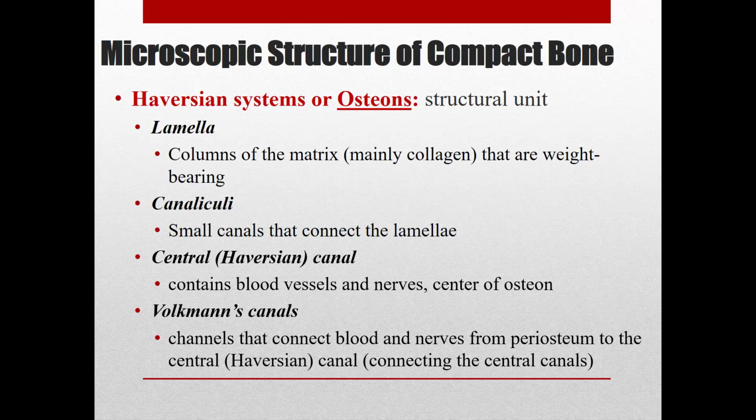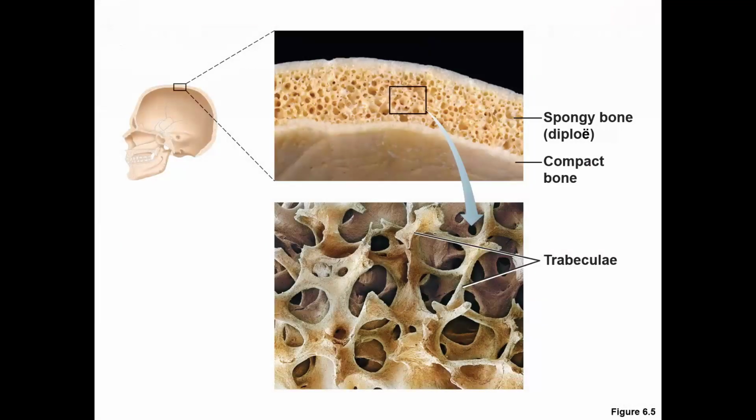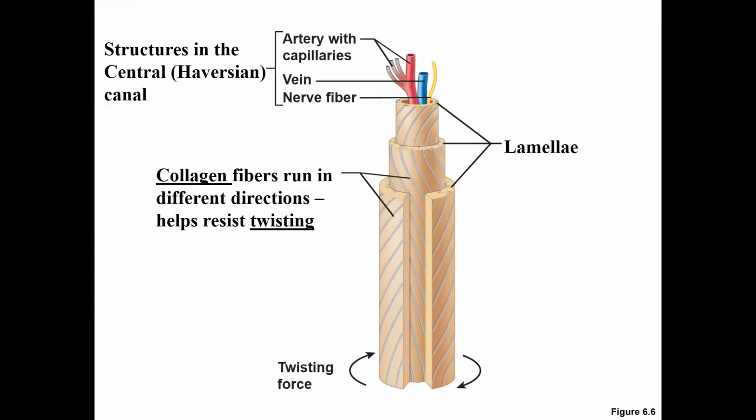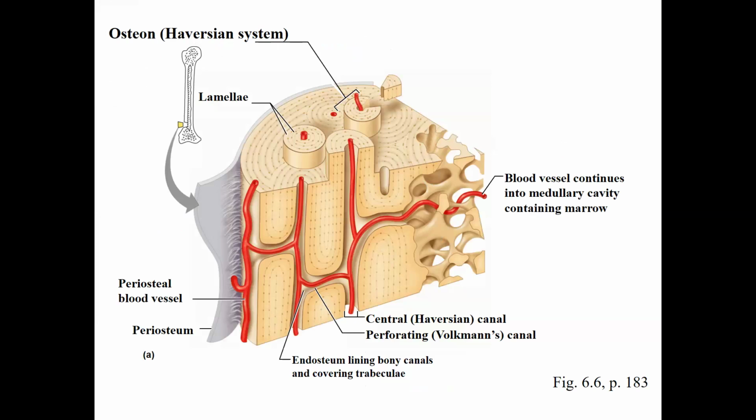So if you learn it where it makes sense, then you'll find yourself not having to memorize so much. It's just all appreciation of design. And there again is that vein, artery, nerve traveling together in the central canal. Here's a good picture of the Volkmanns. Can you find them?